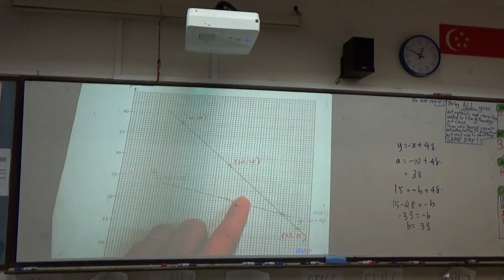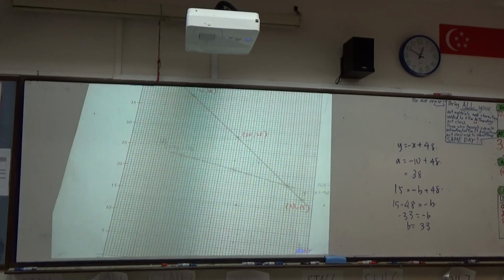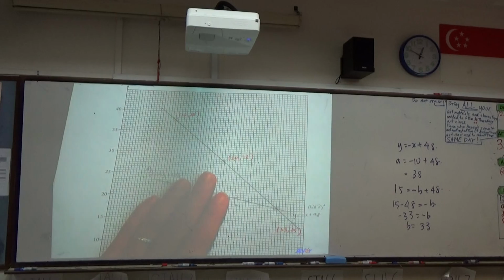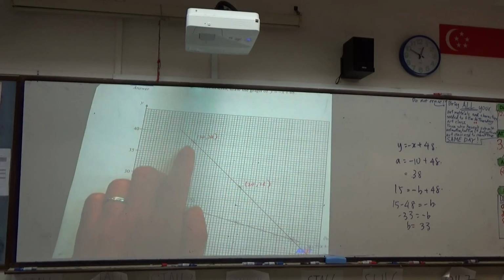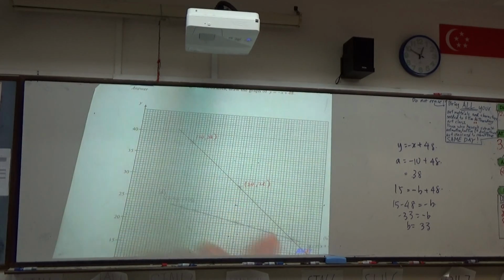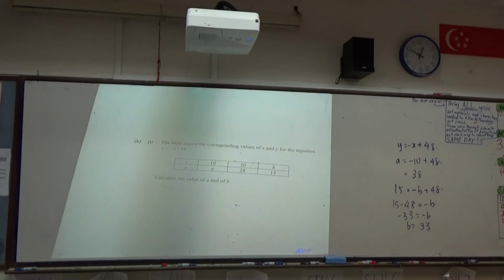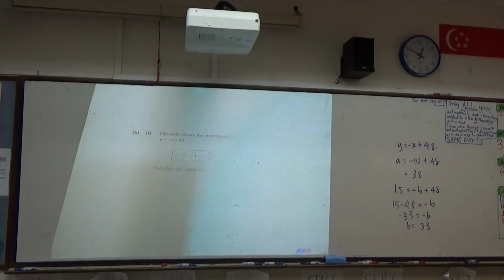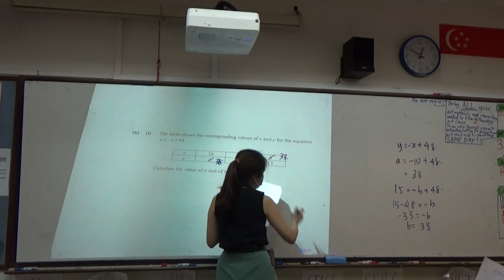If you didn't get 2 marks for this question, I want you to do your correction now. Replot the graph, read carefully. You're supposed to plot 10, 38, 20, 28, and 33, 15. You should have plotted A is 38, B is 33.